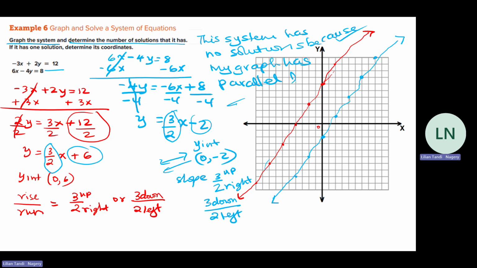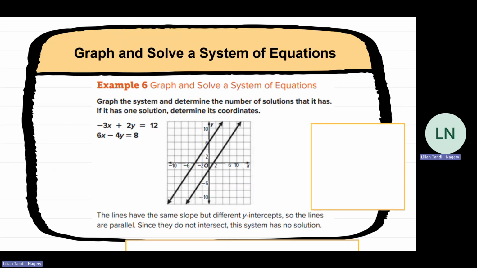So you cannot determine a point because you don't have a solution. So this is your answer. And that's it. That's how your work should look. Same thing, that's how your answer should be.